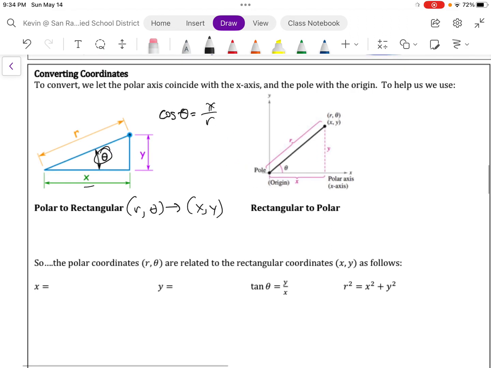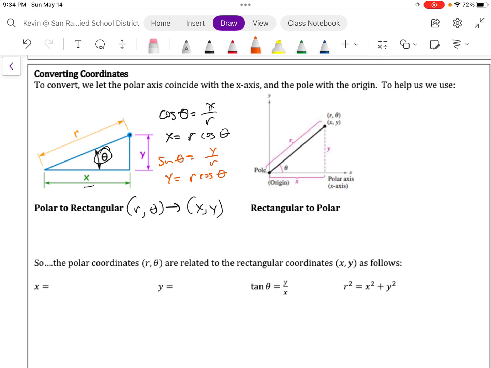So we could rewrite that to say that x equals r times cosine theta. Likewise, the sine of theta equals y over r, opposite over hypotenuse, which means that y equals r times sine theta.